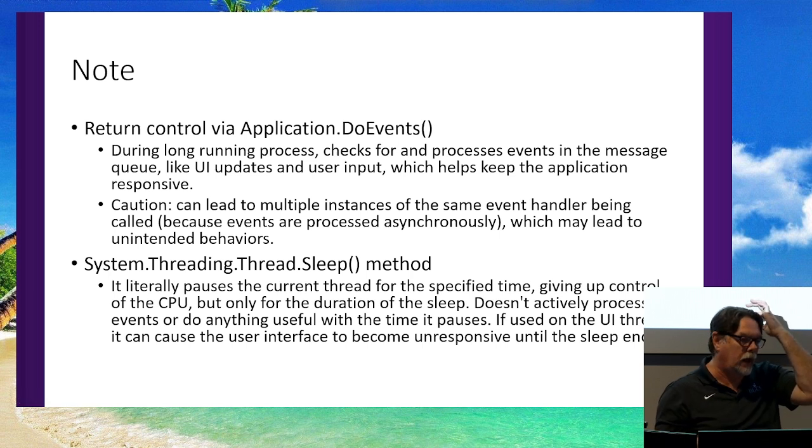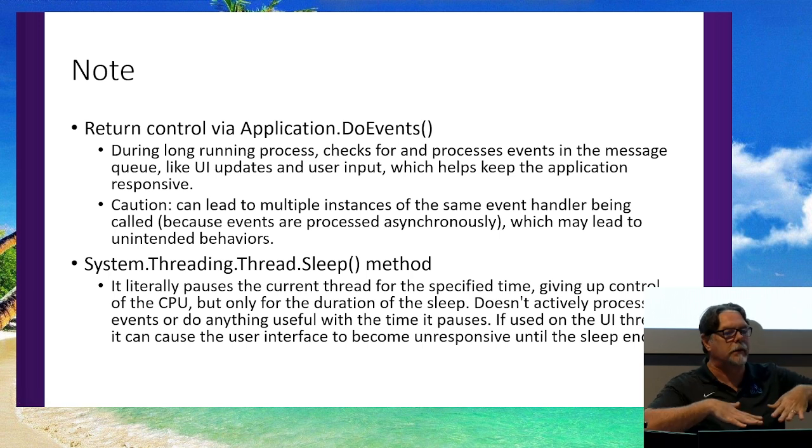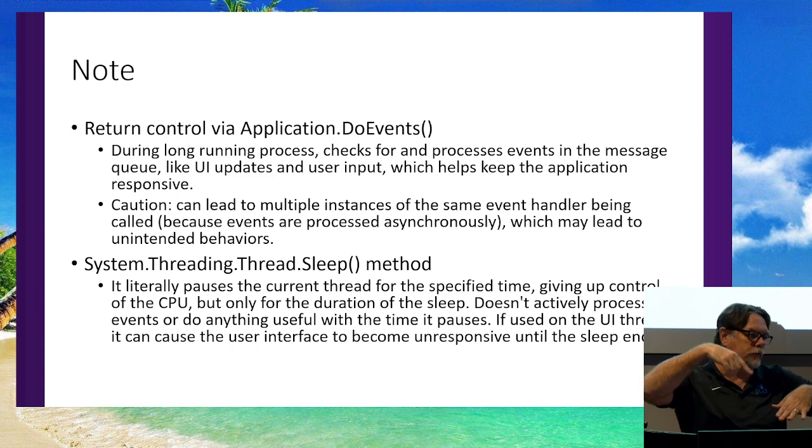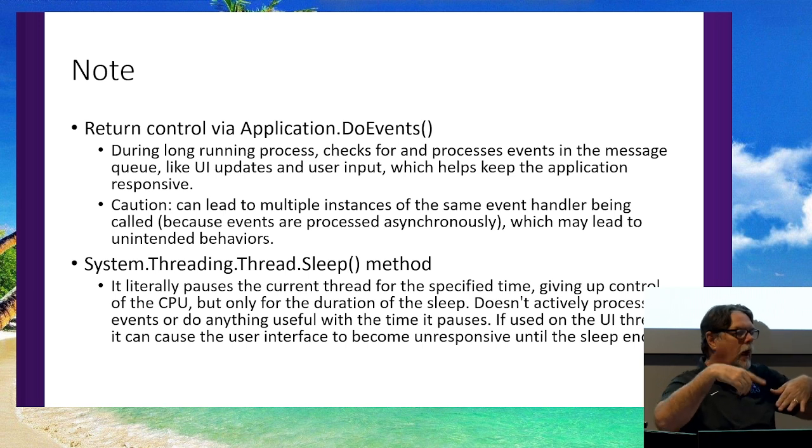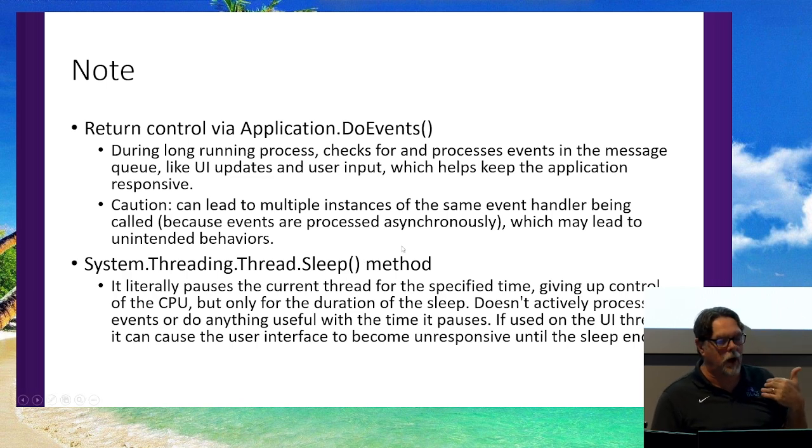While your thread is asleep, other threads, such as the UI thread, can be processing events, and then you'll wake back up again and take control again. So keep those two things in your back pocket, and they might come in handy when you're trying to do multi-threaded things or get a lot of long-running tasks done in your UI.